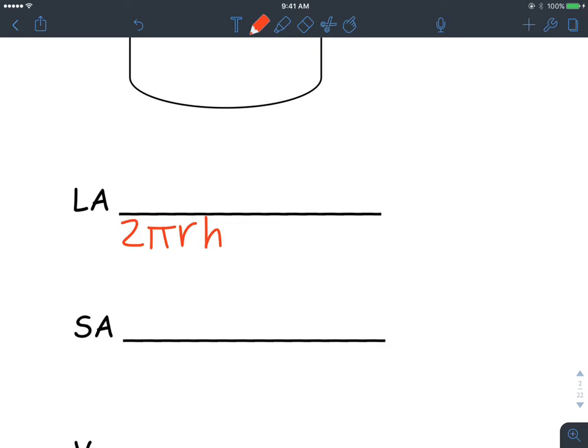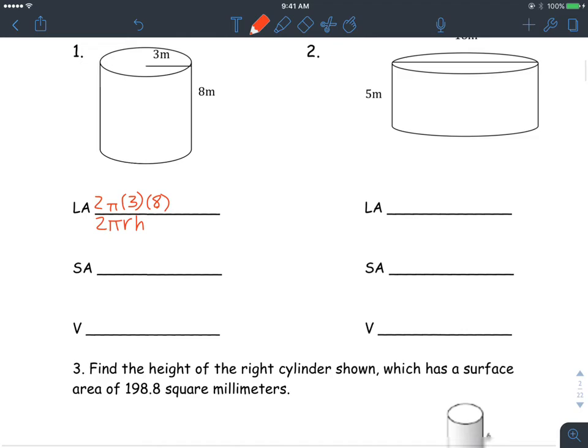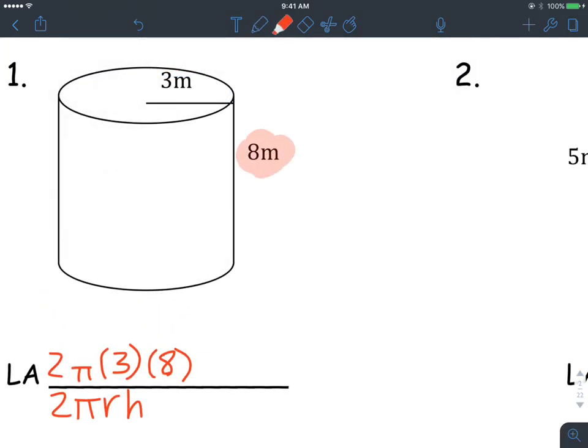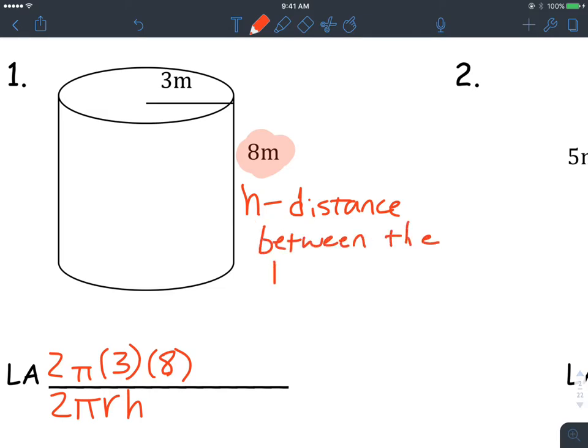So for the lateral area, it's 2 pi r h, so we're going to go 2 pi, and then the radius was 3, and then the height going up and down is 8. And what you've got to get in your head too is that the height of the cylinder is always the distance between the bases.